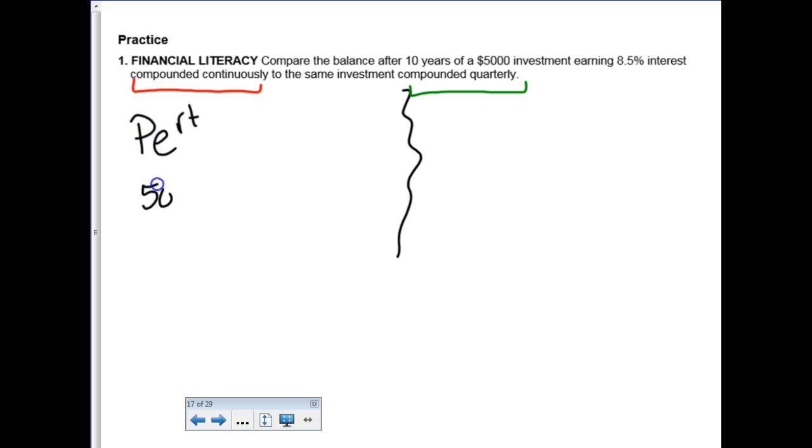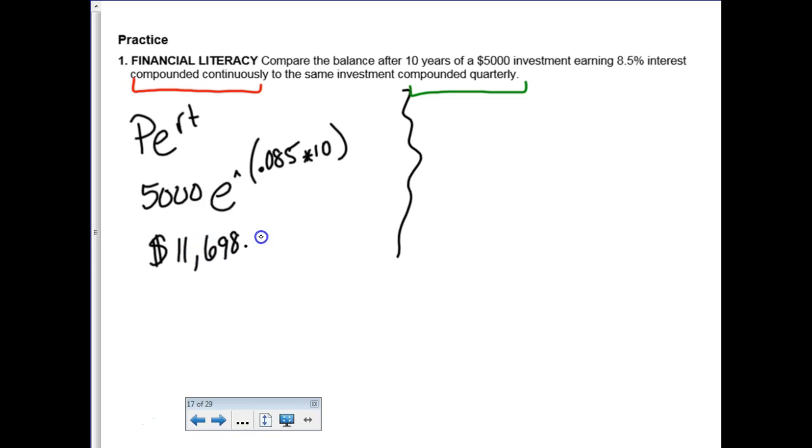So we have 5,000 times E, and then it's 8.5%, so make sure you're writing that appropriately. That's 0.085 times 10 years. And again, it's money, so give me to the nearest cent, please. And 23 cents, thank you.